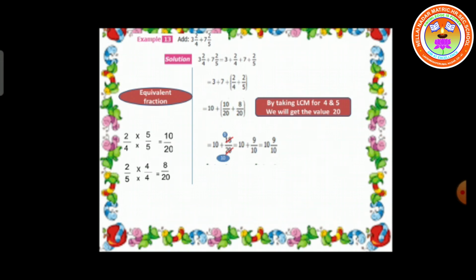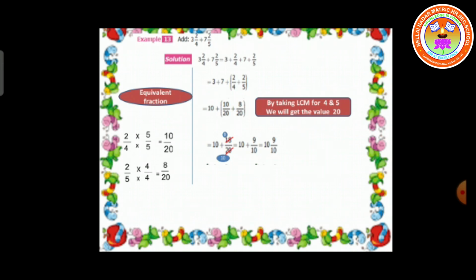Students, is it clear now? See, 2 by 4 plus 2 by 5 are unlike fractions. How can you make unlike fractions into like fractions? By taking LCM and by finding the equivalent fractions. Now 10 by 20 and 8 by 20 are like fractions.